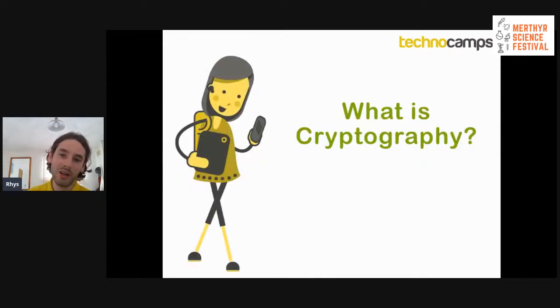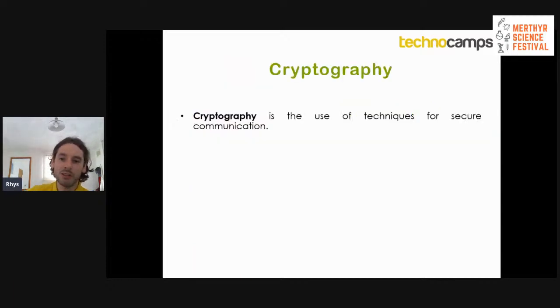Okay, so then what is cryptography? We've just done a little bit of encryption and decryption, but what is cryptography? Cryptography is the use of techniques for secure communication. For example, if we need to send a message to someone, and we don't want other people to be able to read it or know what it says, then we can encrypt it.